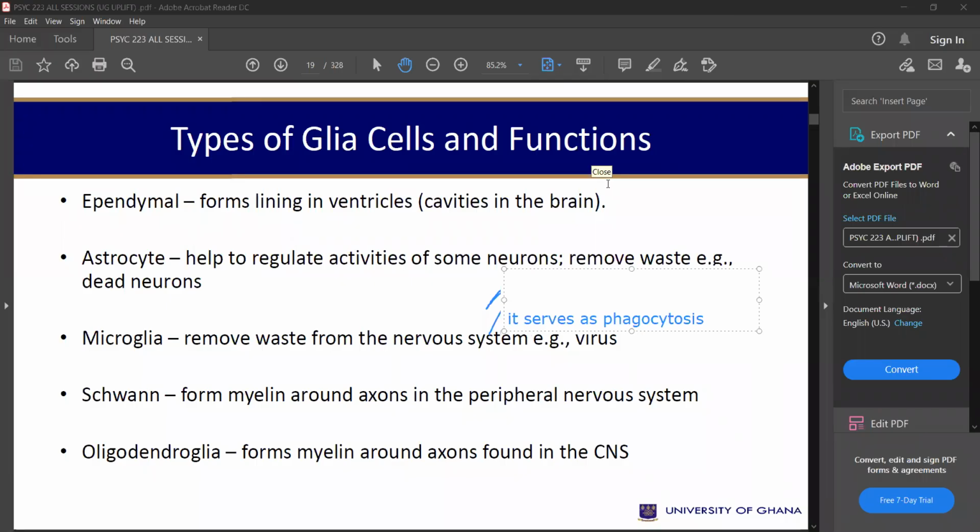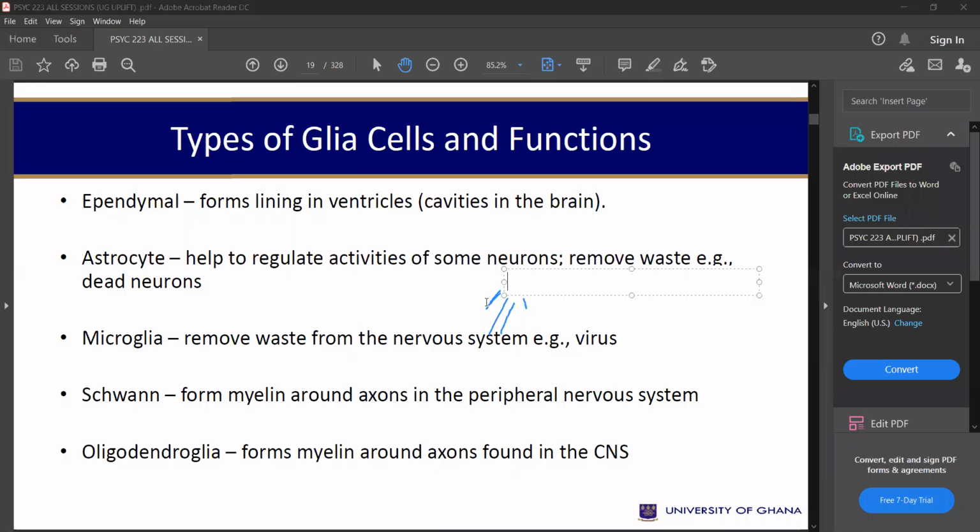All right. Then the next one is Schwann cells. The Schwann cells and oligodendroglia. The structure is the same, but I'll show you the distinction.